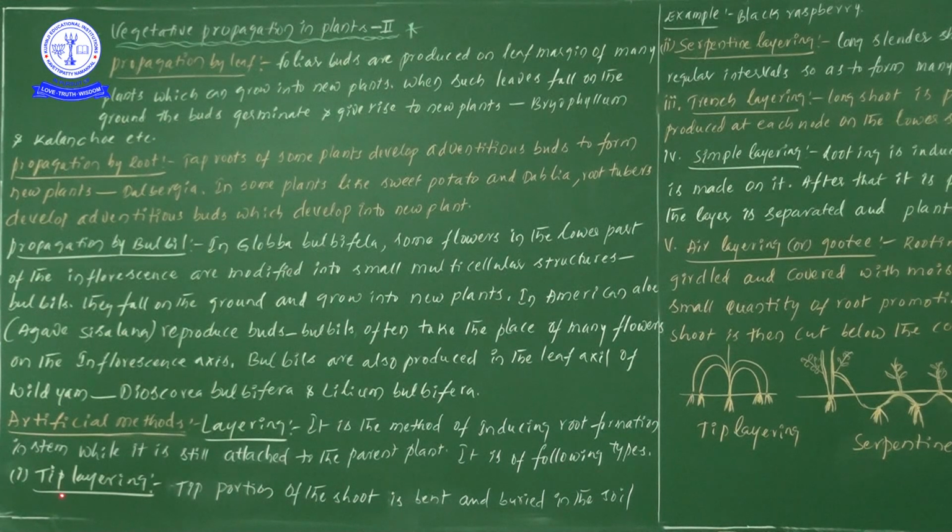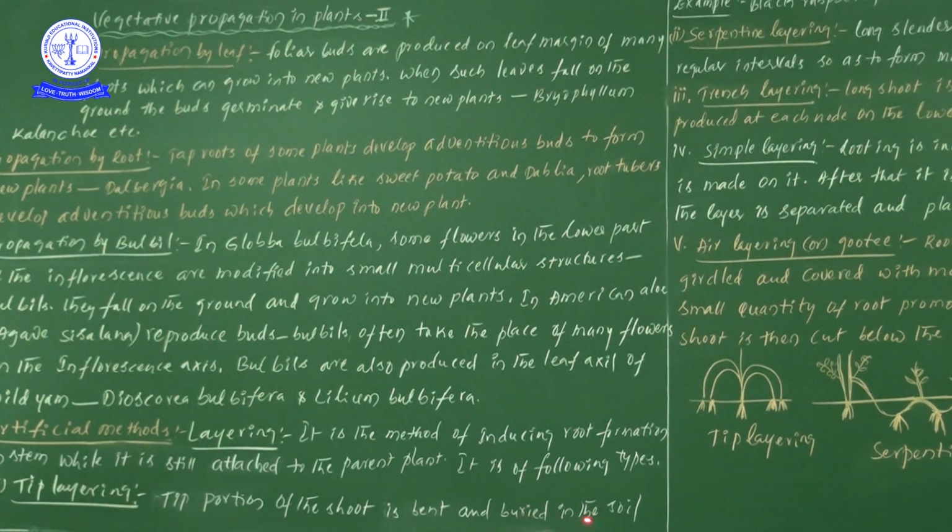Tip layering is where the tip portion of the shoot is bent and buried in the soil. If you take a shoot system, the tip will have the apical bud, or terminal bud.